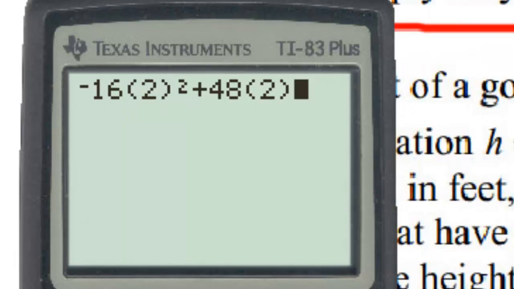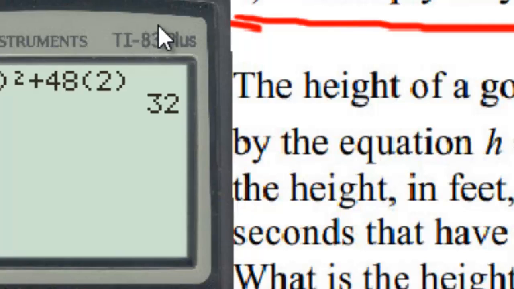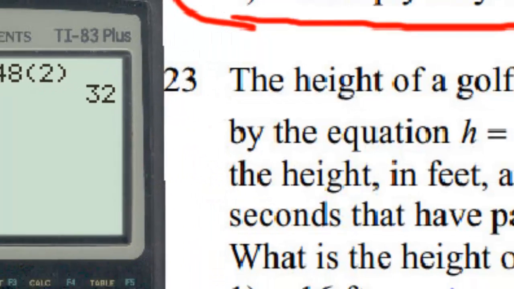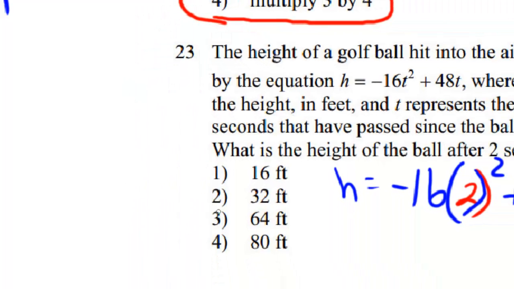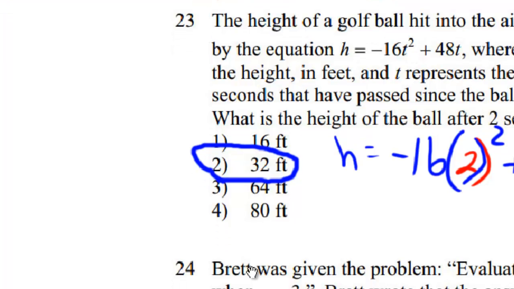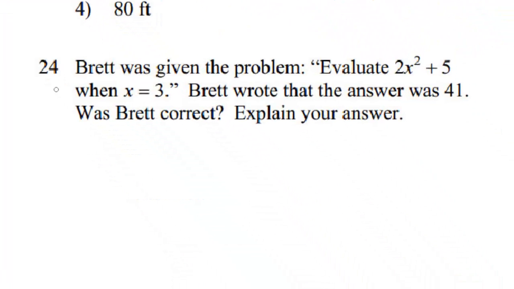Nice. So once we have this in our calculator, we're going to press enter, and the answer is 32. And is that an option? It sure is. The answer to number 23 is option number 2, 32 feet.